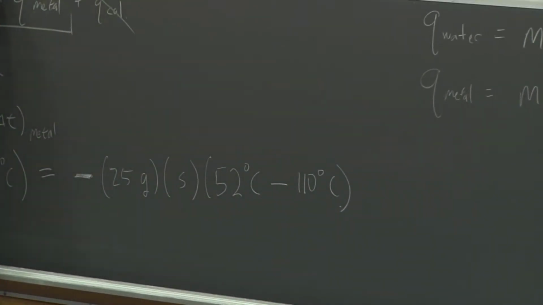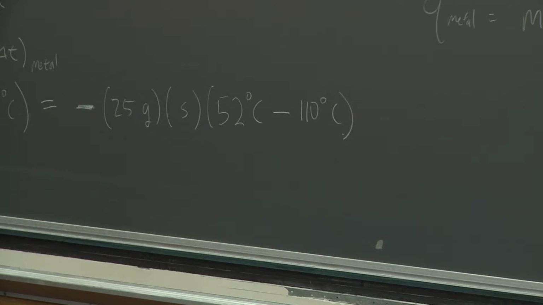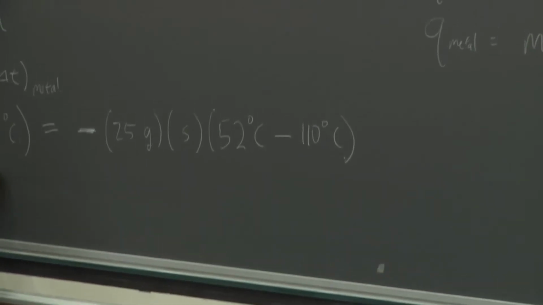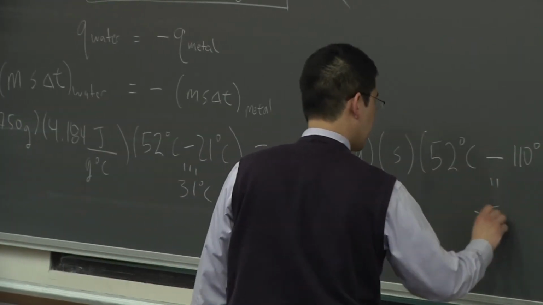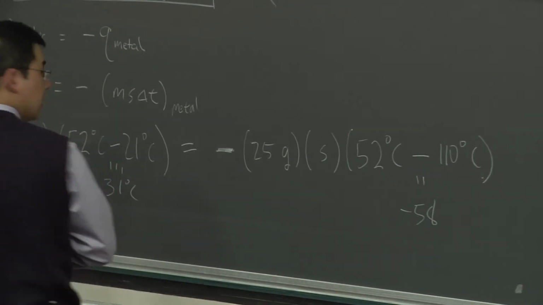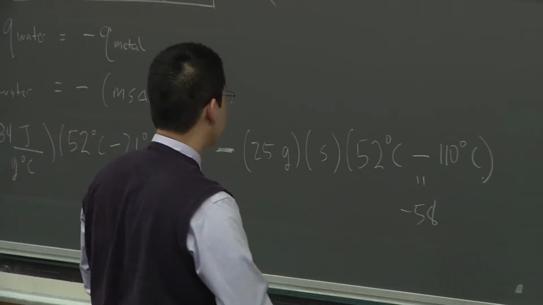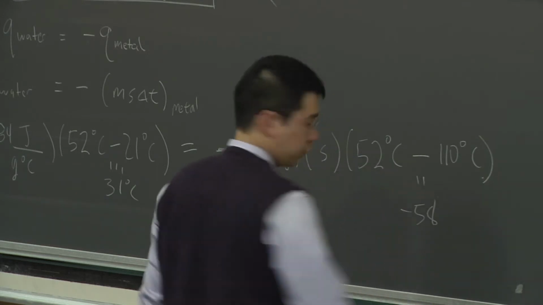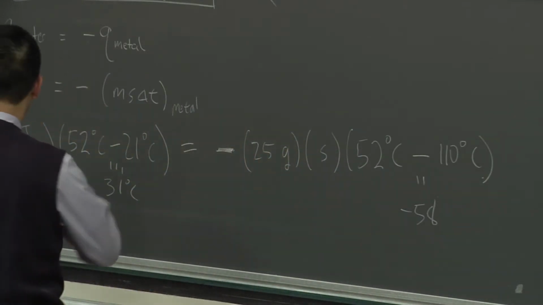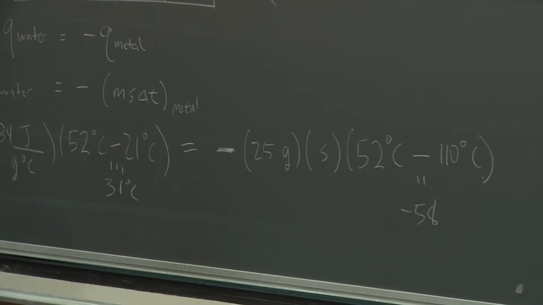And so if we plug this in, this becomes 31. This becomes negative 58, right? And so now it's just a matter of doing some math. Calculator: 750 times 4.184 times 31.